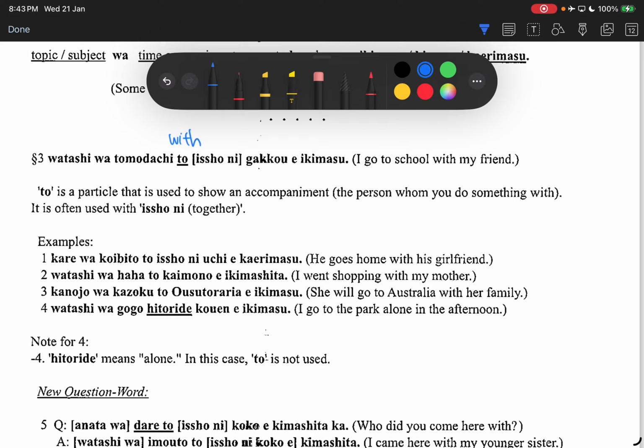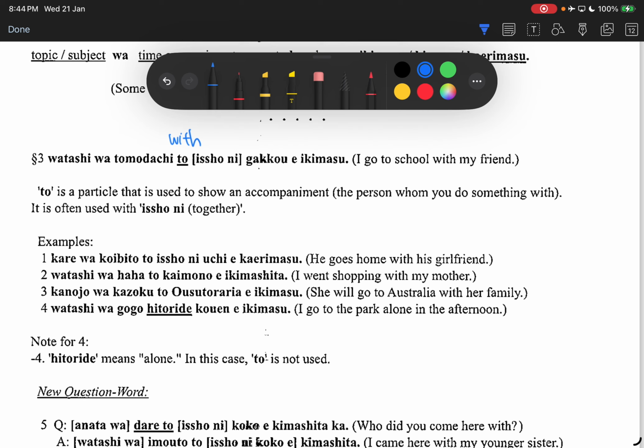I go to the supermarket with my family. So you're showing that you're doing the action with somebody. In this case, the action is いきます, I go. I go with a friend. So it shows who you are doing the action together with. Since we already have 友達と, like I go to school with my friend, do you need to add the word together at the end? No need, right?